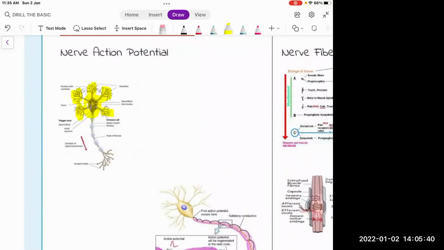In a neuron, you have short processes and long processes. The short processes you call dendrites, the cell body you also call soma, and the long process you call axons. At the end of the long process, you have the terminals of the axon that you call synaptic knobs.